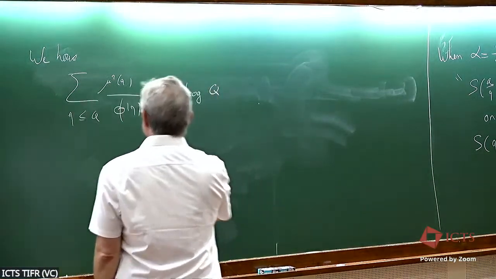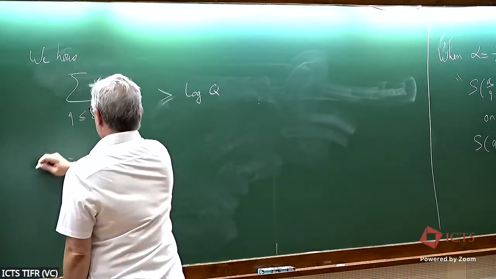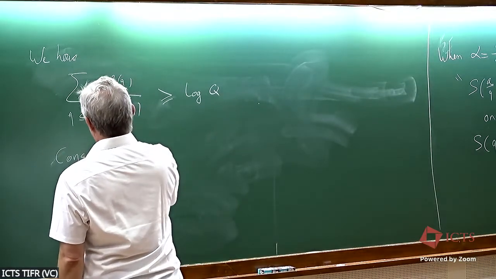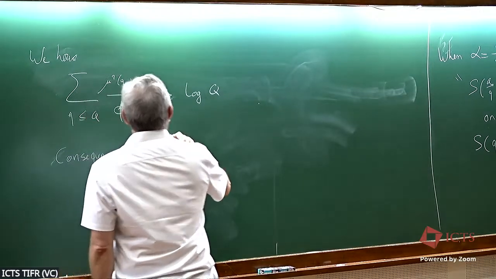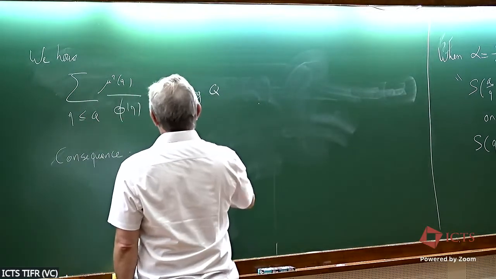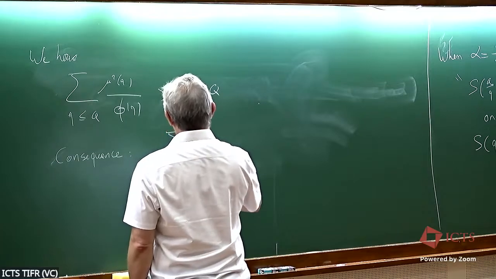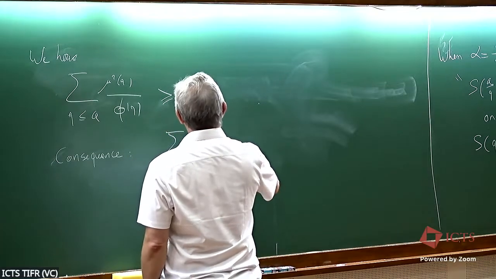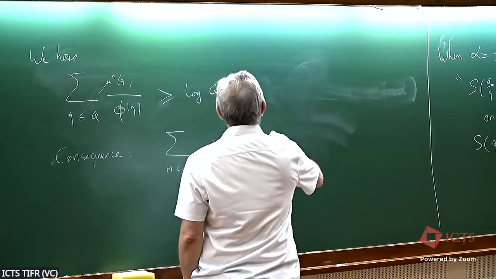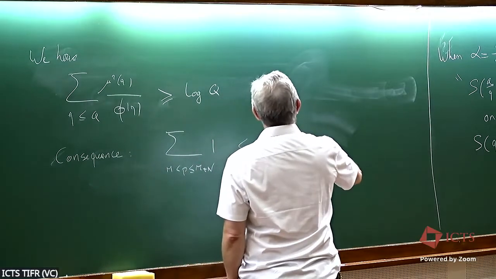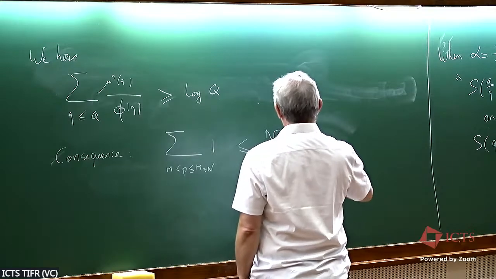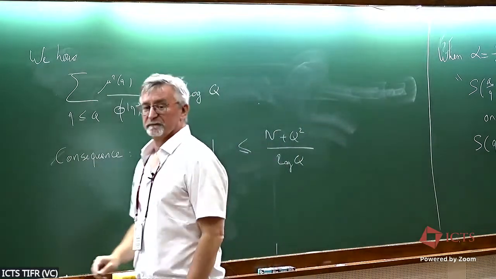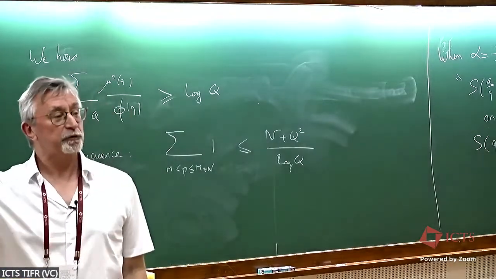So what you get, as a consequence, is that the number of primes between m and m plus n is less than n plus Q squared upon log Q, for any Q less than square root of n.